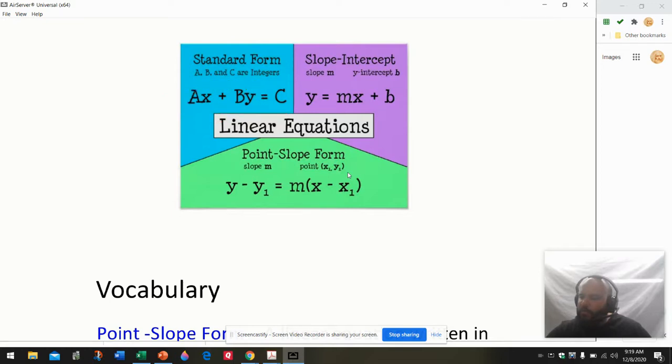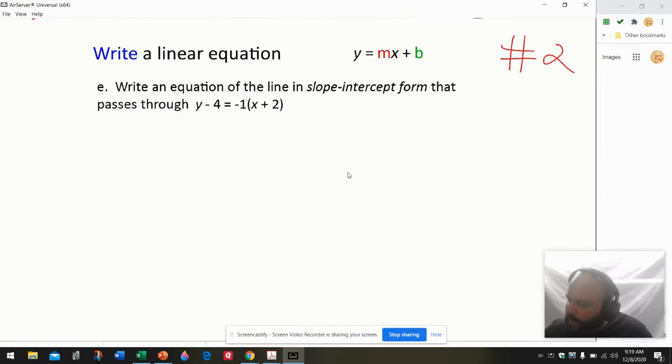That is another form of a line. And then the third one that we just learned yesterday is point slope form. So what you have to understand is you can have the same equation, the same line, but it can be represented in three different ways depending on which form of the equation that you're using. And so that's what we're going to show you today.